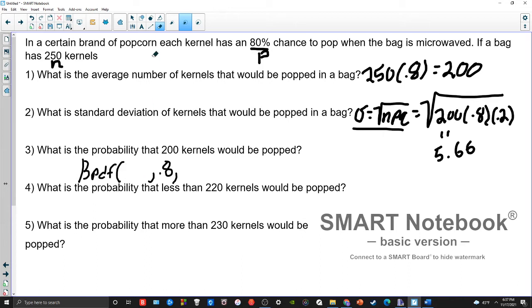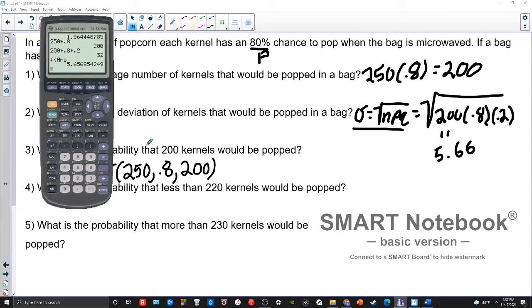Some of you might be screaming at me right now, which is good because that means you know what's up. We want n first, which is 250. So we have 250 kernels total, 80% of them are likely to be popped. We want to check what's the probability that 200 are popped. So it goes, again, n, p, x: number total, probability of success, the number of successes that you want.